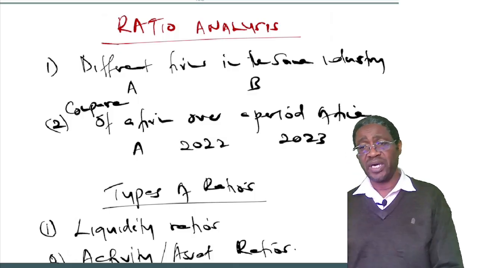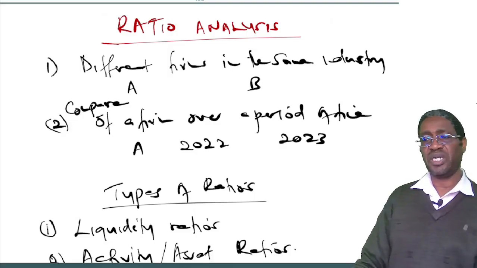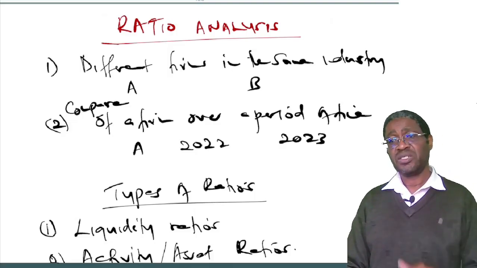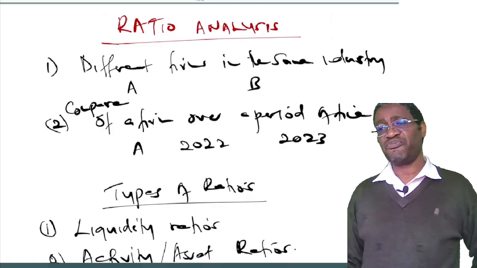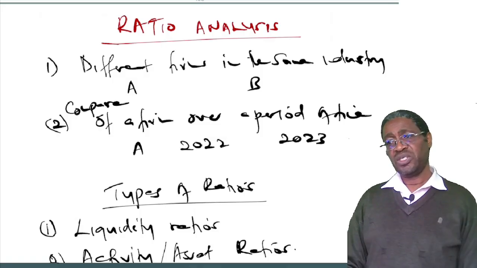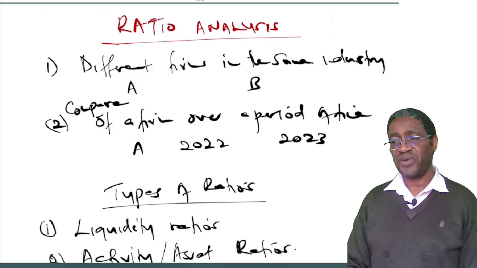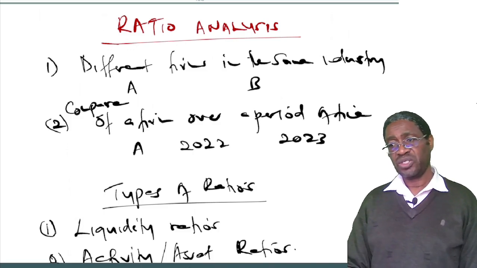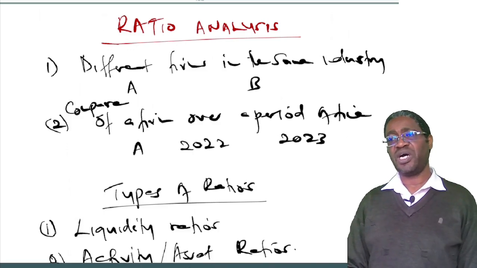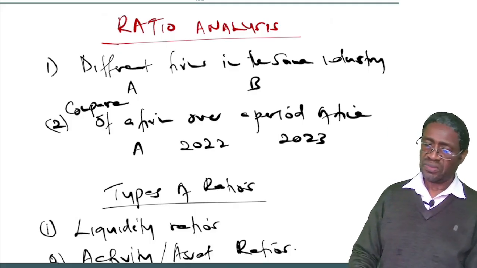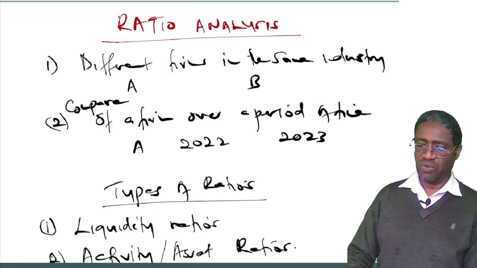Number two, to compare the performance of a firm over a period of time. Good. That's the purpose of ratios.